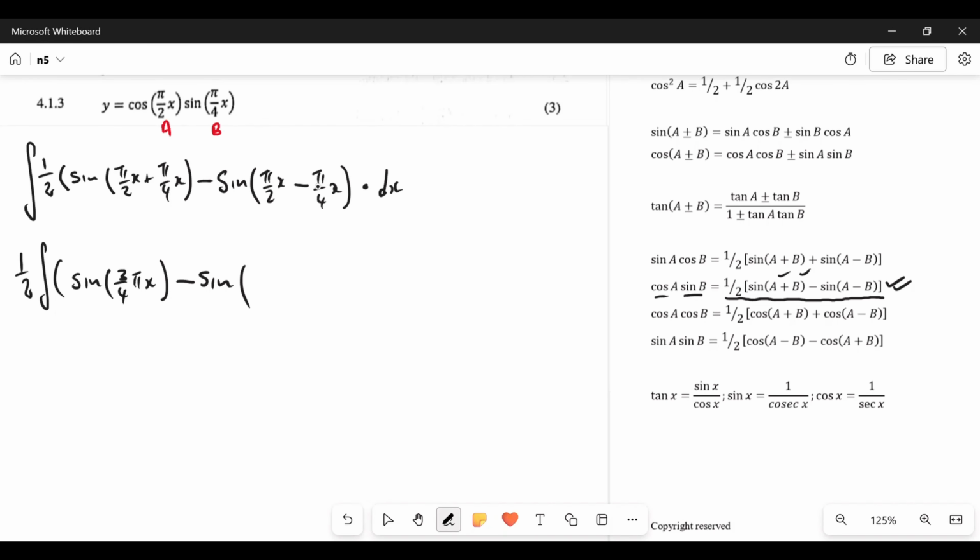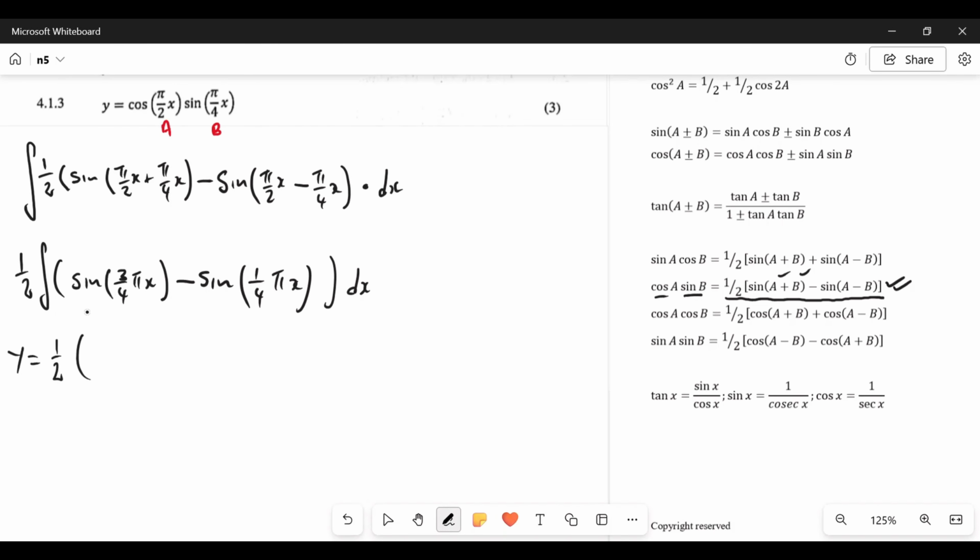So what do we have then? We have 1 over 4 pi x. There we go. And this here multiplied by dx. So when it's like this, we are finished with simplification. It's time for us to integrate. So let's not forget that we can equate this to y and say 1 over 2, and then we put the integral there.